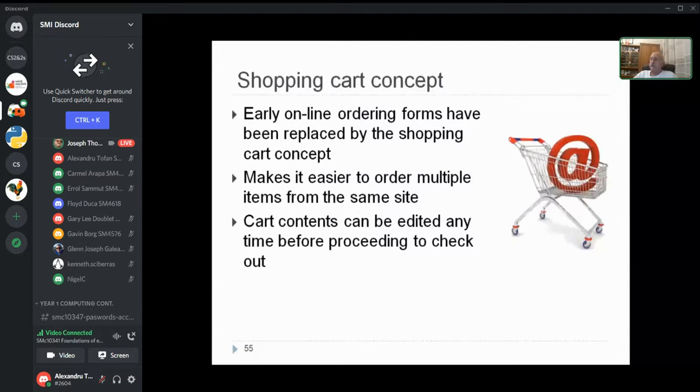You can remove items, you can add items, and it is much easier to order multiple items and edit your cart. If you have second thoughts, you can remove something. So you can edit your cart contents anytime before going to checkout.